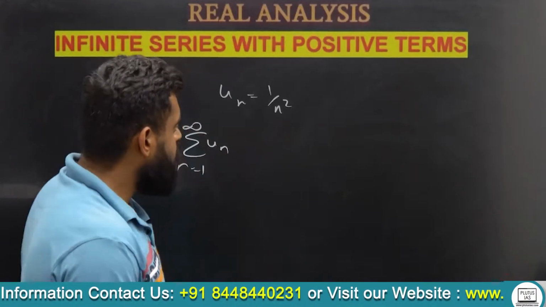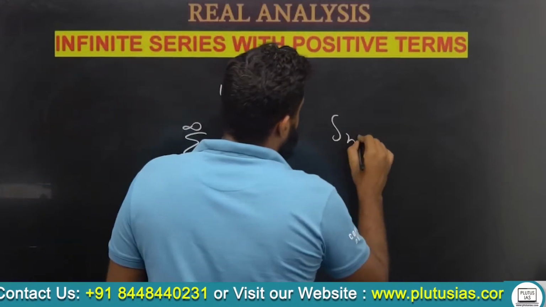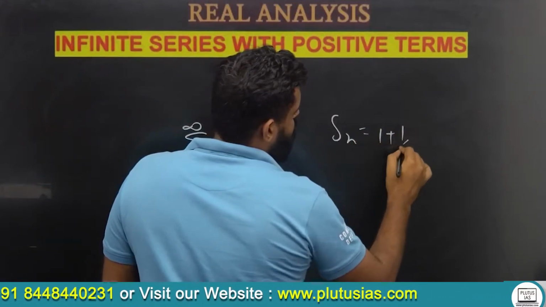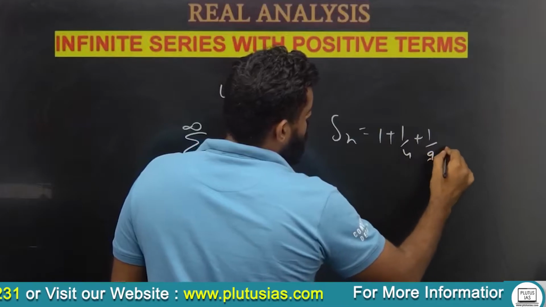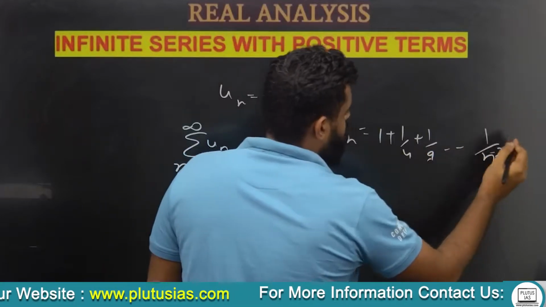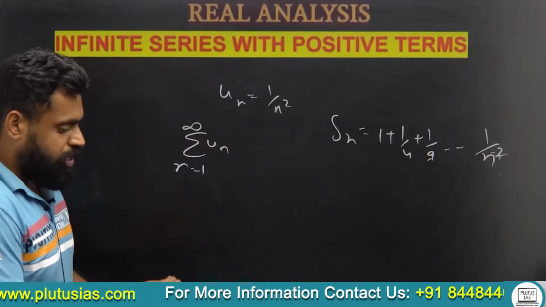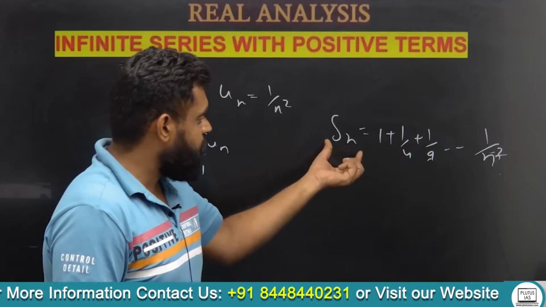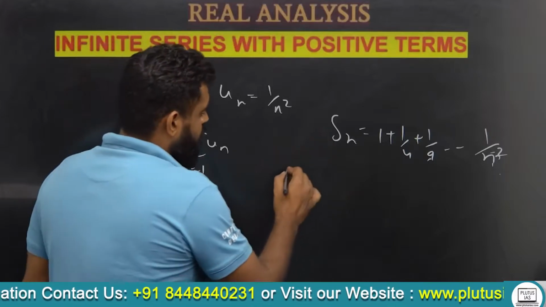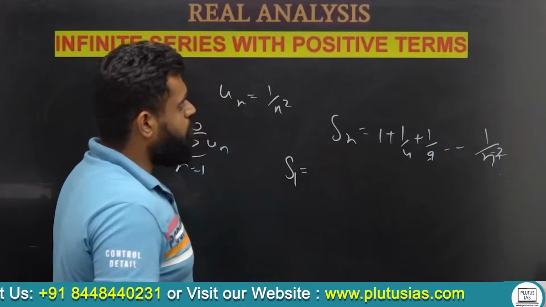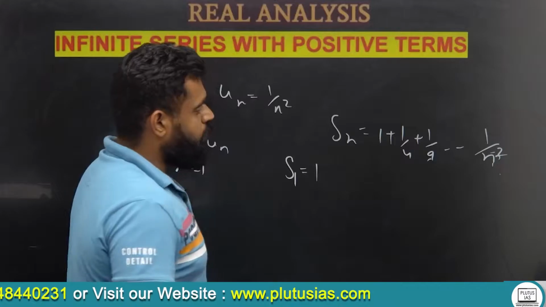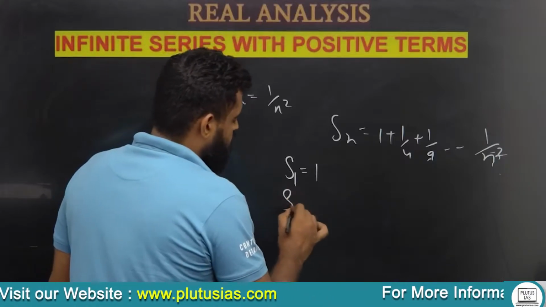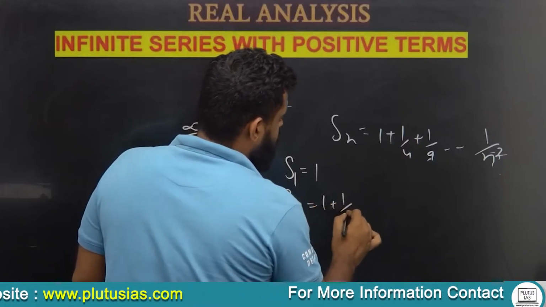So first we take the partial sum. What would be the partial sum? That would be 1 plus 1 by 4 plus 1 by 9 dot dot dot to 1 by n square. Okay, so for every value of n, this itself will form a sequence. That is, if we write S1, what will be the value? 1. Okay, if you write S2, this will be 1 plus 1 upon 4.